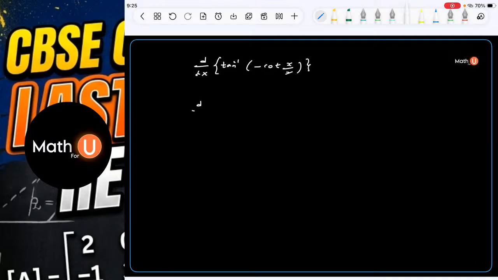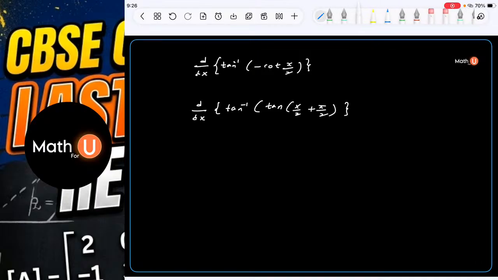Then, in place of minus cot x by 2, it can be written as tan of x by 2 plus pi by 2. Okay, this is the trigonometric conversion, basic trigonometric conversions, you should know.